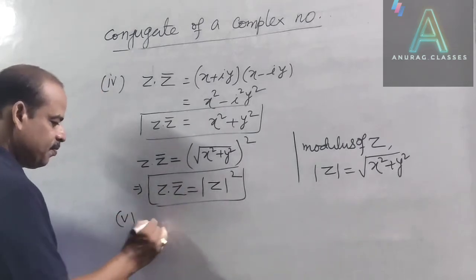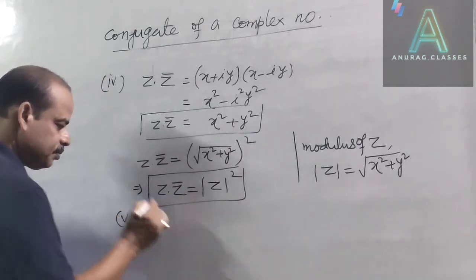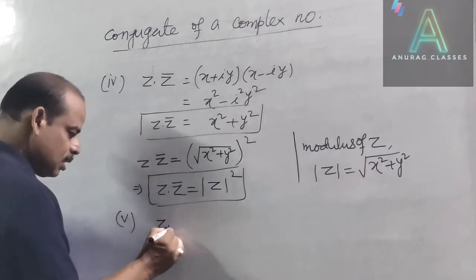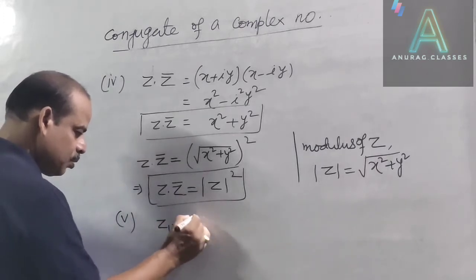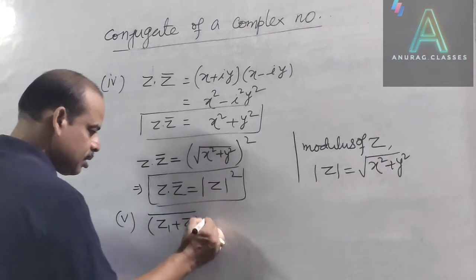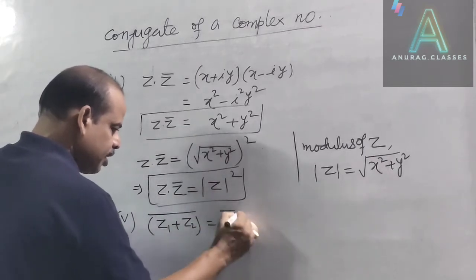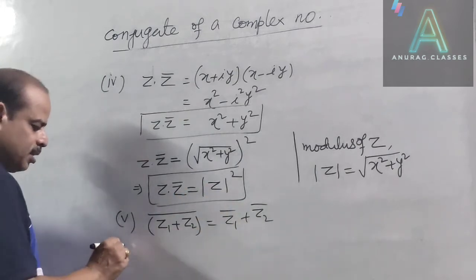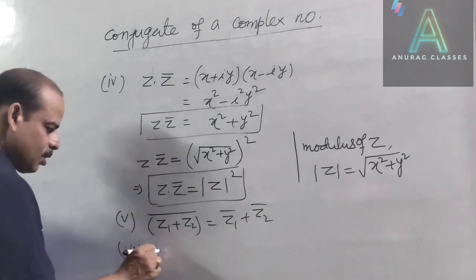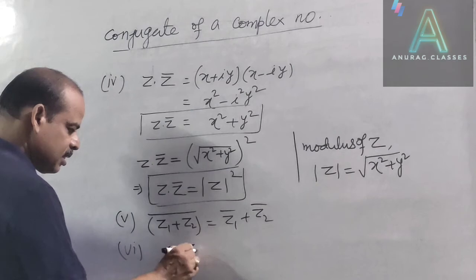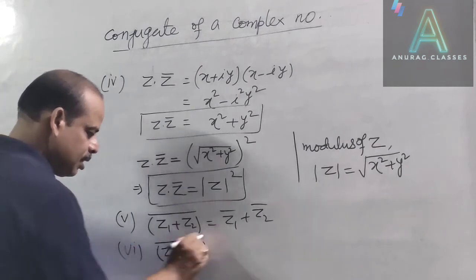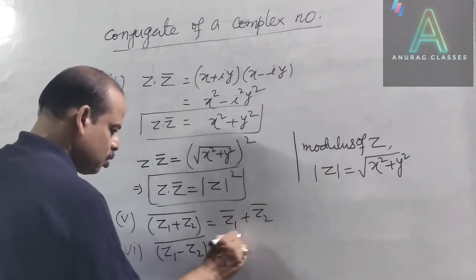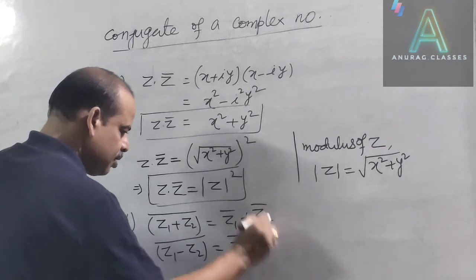Property number 5. Z1 plus Z2 whole conjugate will be Z1 conjugate plus Z2 conjugate. You can verify these relations very easily. Z1 minus Z2 conjugate is equal to Z1 conjugate minus Z2 conjugate.